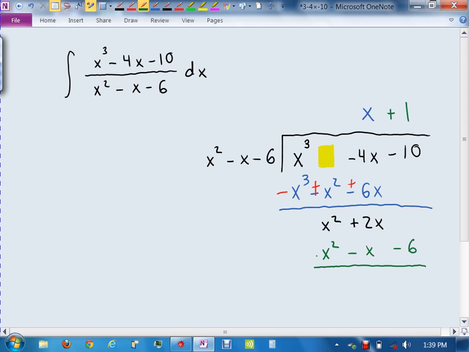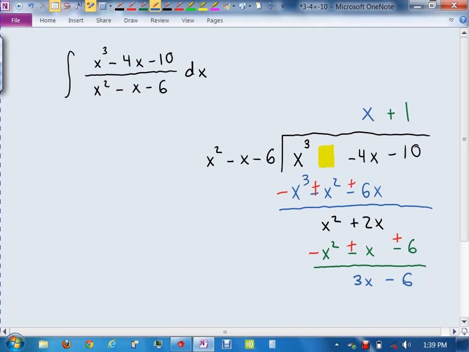When do you stop doing division? Anyone know? You stop when the power of what you have down here is smaller than the power of what you're trying to divide by. For those of you who are trying to work it, see if you can get to at least that.